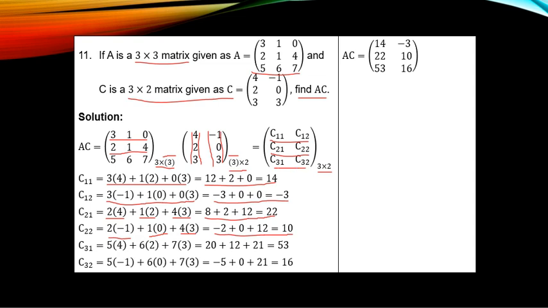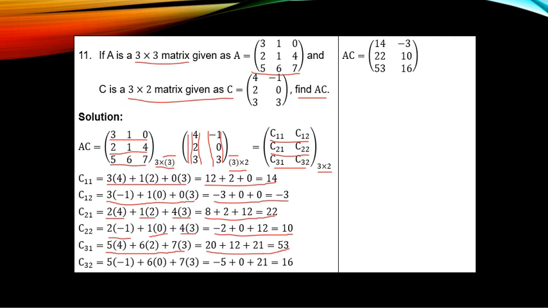You move to the third row. Third row, you use the third row of matrix A to multiply the first column of matrix C, element by element. So you have 5 times 4, 6 times 2, 7 times 3. So you have 20 plus 12 plus 21.